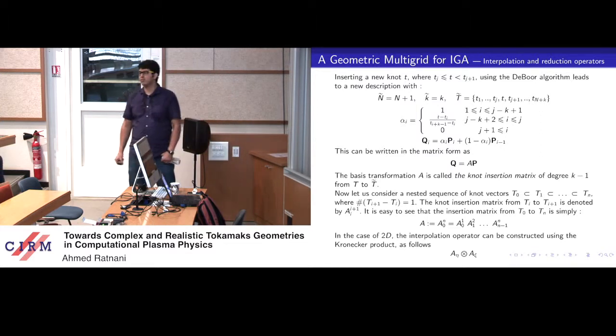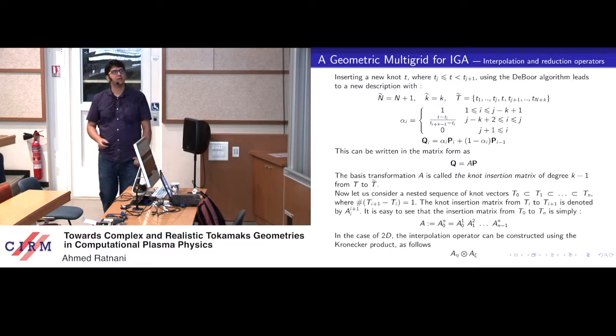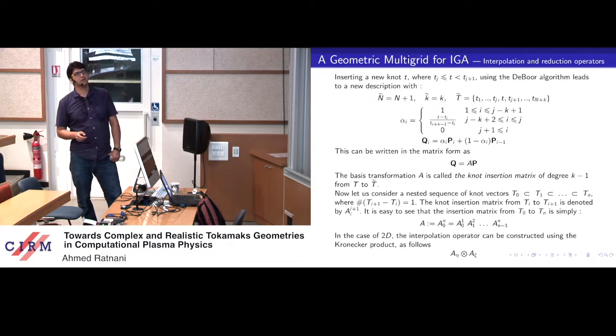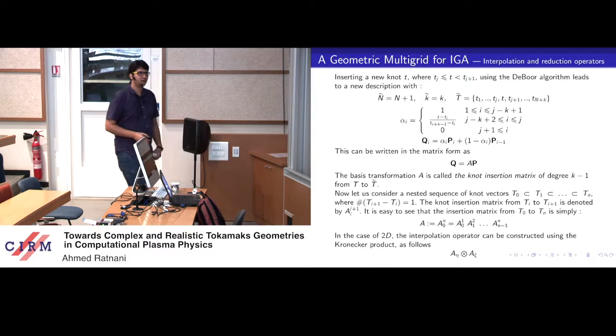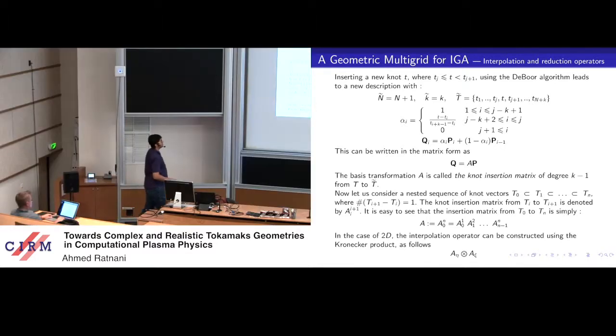So if, in this example, we insert a lot of knots, then the resultant matrix is just the product of all these matrices. This is for 1D. In 2D, one approximation for the interpolation operator is to take the Kronecker product of these two matrices that goes from a lower level, a coarse level, to a finer level. I don't know if you know what I'm talking about here.